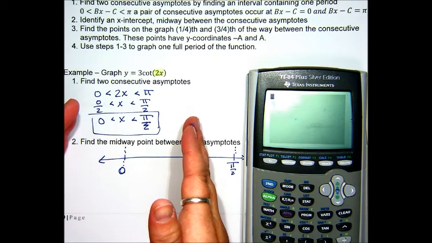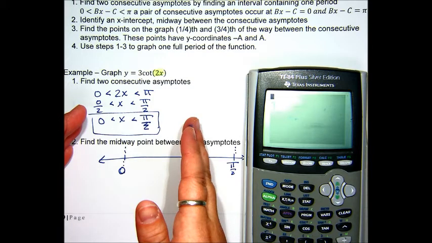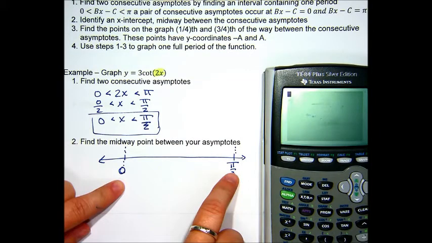Now let's treat this the exact same way. Anytime you want to come up with a distance, if it's on the positive side of 0, you do subtraction. Always work with the absolute value of numbers, because if you're working with negatives, you have to take into consideration that distance is always positive. So let's look at this example. Let's say I wanted to figure out the distance between 0 and pi over 2.